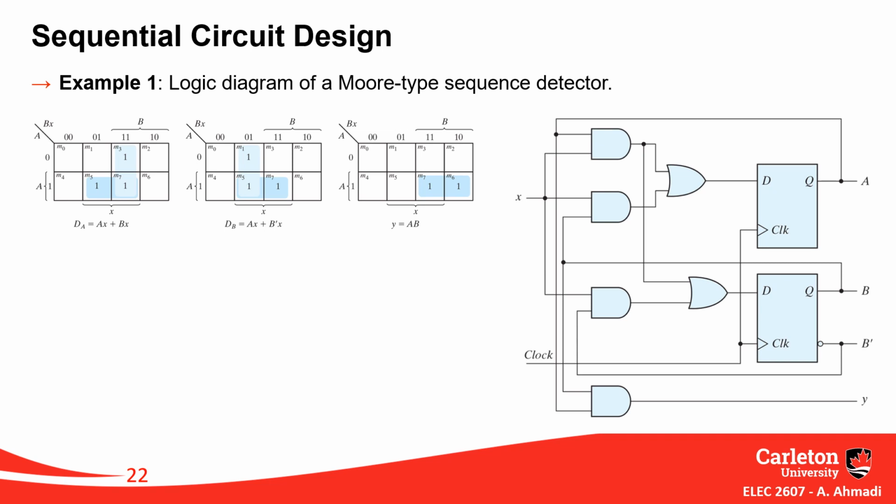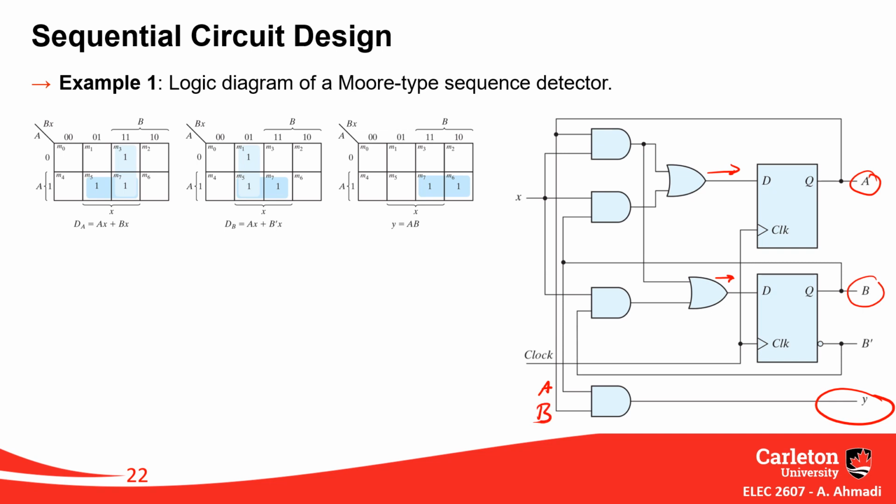Again, feedback from A and B, or A bar and B bar if you need them. Go back to the circuit to apply what you need as input to your D flip-flop to create a change of states. Here, interestingly, you have to look at Y, which is only a function of, as you can see, A and B. This is a Moore machine.